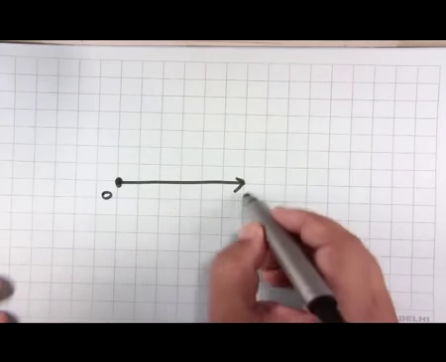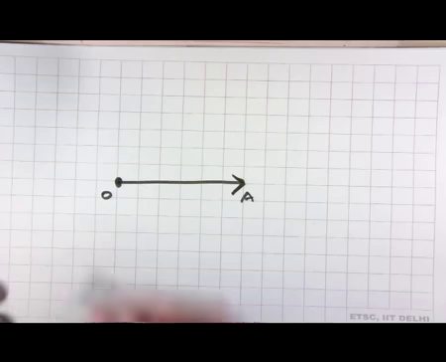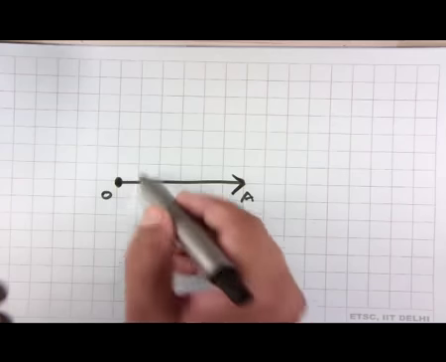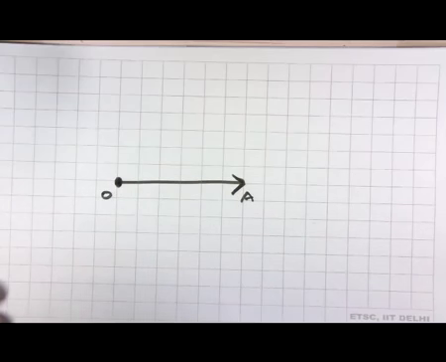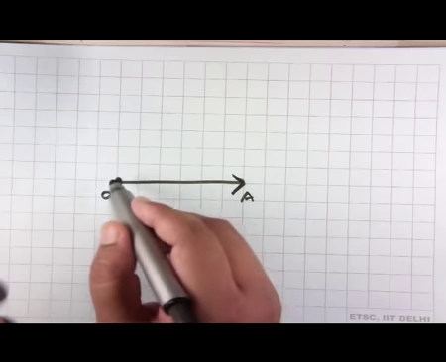Now, let us again look at that ray OA. If one complete revolution is going to be called 360 degrees, then let us only do 1/4 of a revolution.